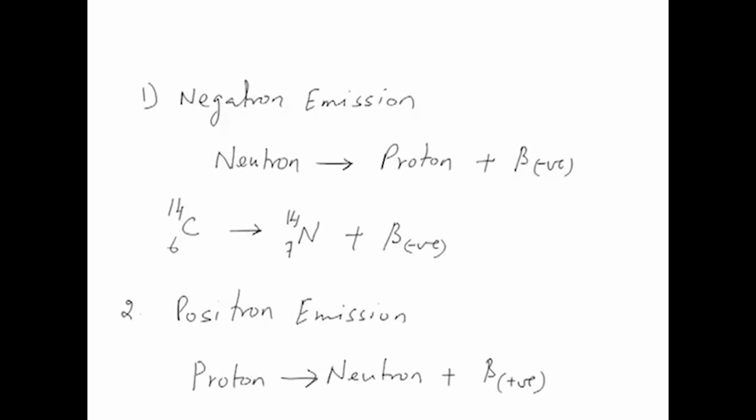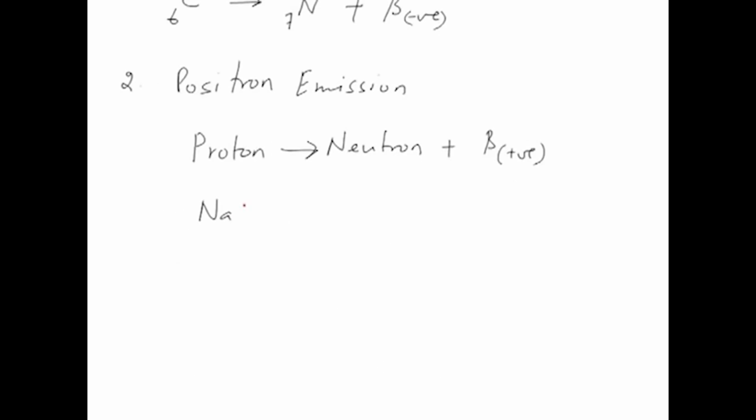For example, sodium being converted to neon. Here you can see the atomic number has decreased, and you have a positively charged particle. We will discuss in detail what happens to this positron.